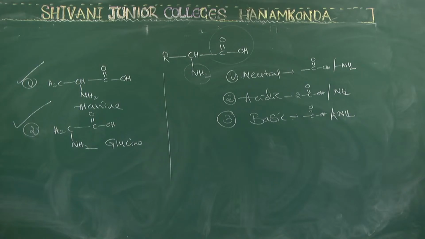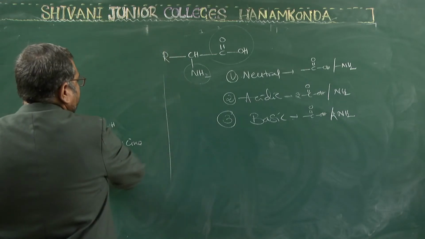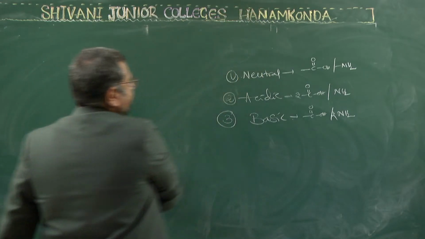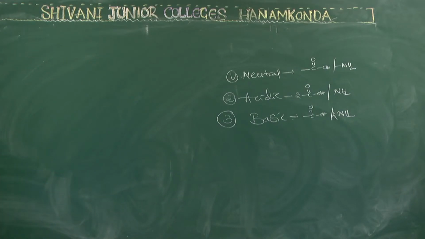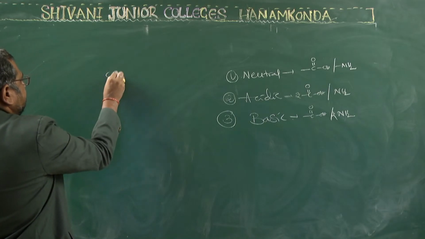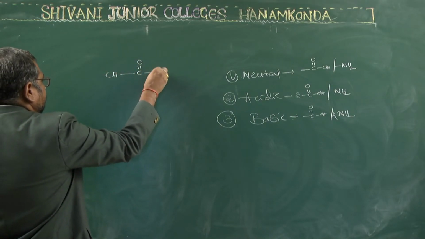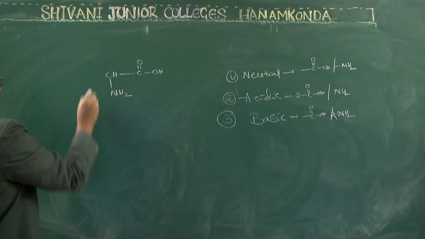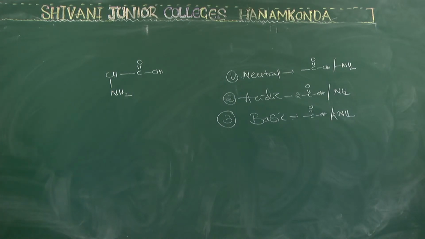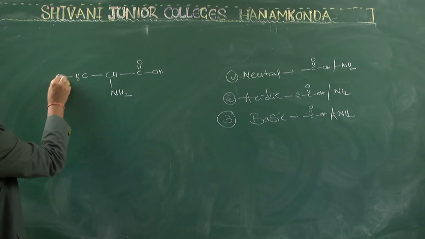Next one is acidic amino acids. In acidic amino acids, acidic groups are more, for example aspartic acid. In aspartic acid, how many acidic groups are present? Two acidic groups are there and one basic group is present. Here is CH COOH, CH NH2, where the acidic group is present and the amine group is there, and another one is CH2 with a C double bond OH group.